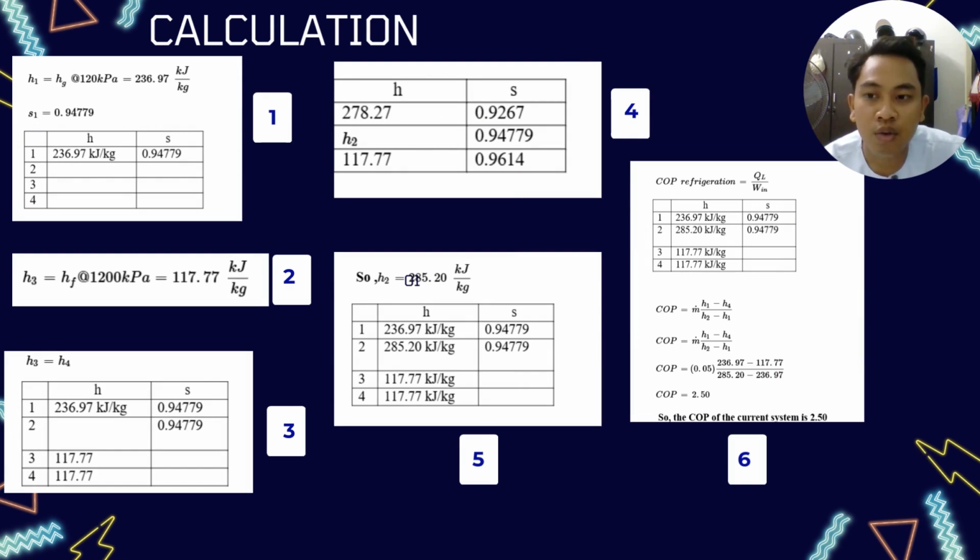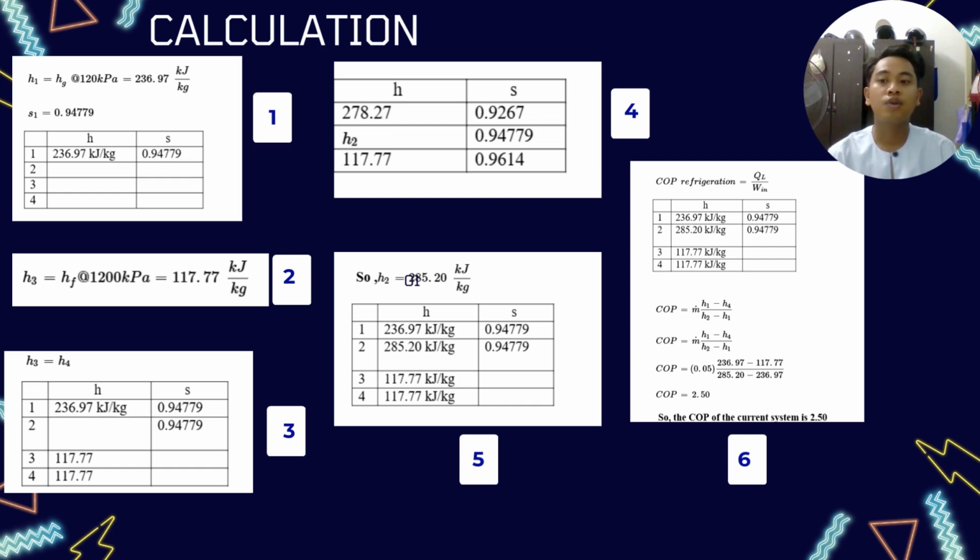So H1 equal to Hg at 120 kPa, equal to 236.97 kilojoule per kilo. So S1 equal to 0.94779.